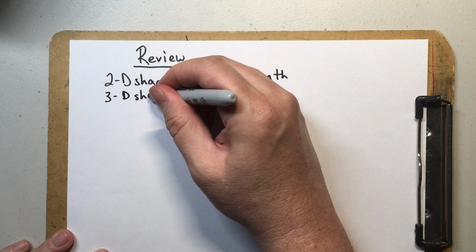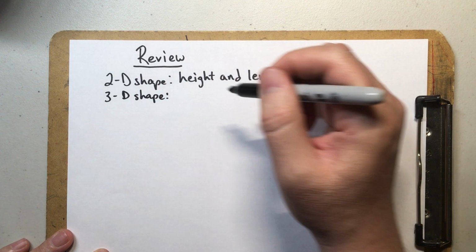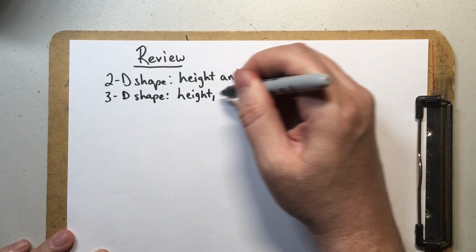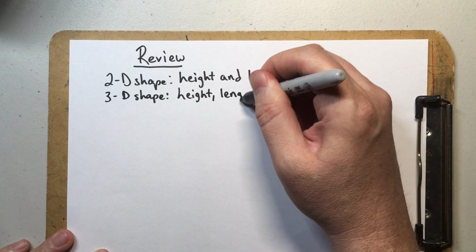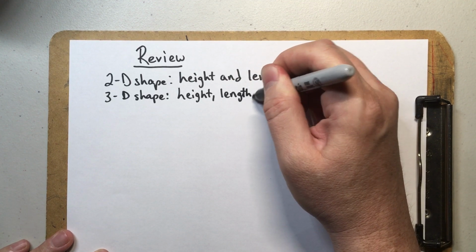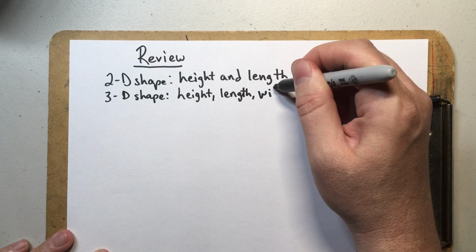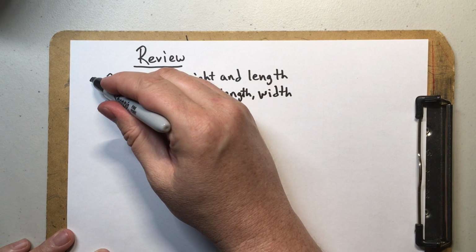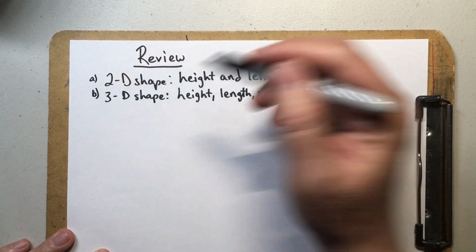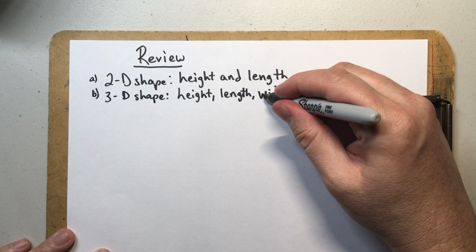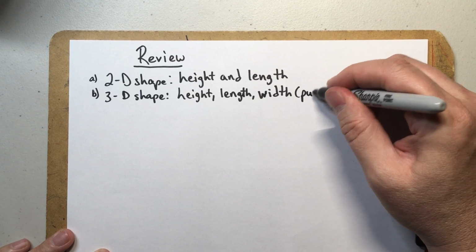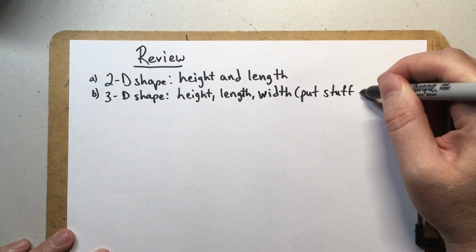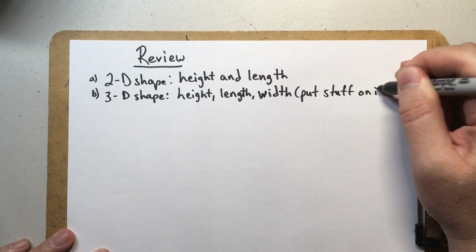Instead, what I get caught up on is understanding that a 3D shape must have height, length, and width. All 3 of these. Remember that with a 3D shape, it makes a container. You can put stuff in it. When children hear this, especially those younger ones, it really makes sense to them.